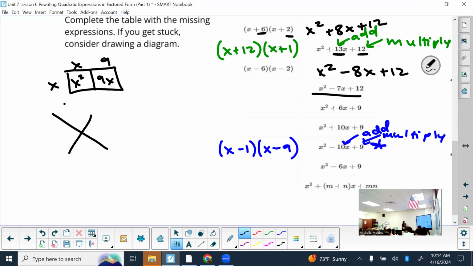The way that you set up your diamond is A times C on top, make sure that's a times, not a minus, and B on the bottom. And the A, B, and C come from AX squared plus BX plus C. In this lesson, A is 1 for all of them. So you don't really have to worry about A right now. But normally it's A times C on top, so 1 times 12 is.